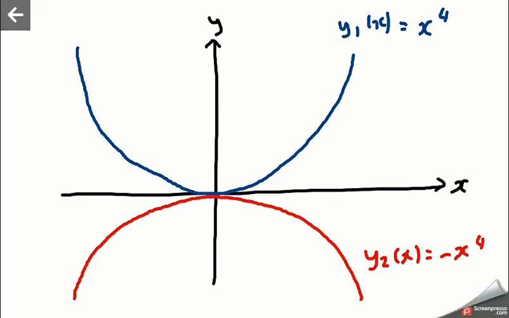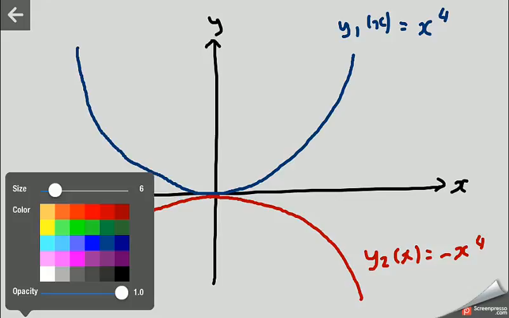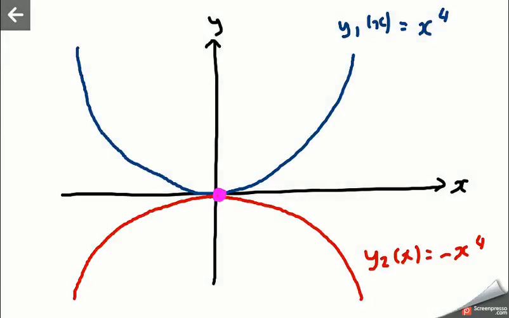Well, we can see that at the point 0, for both of these functions, y1 prime of 0 equals y2 prime of 0, and they're both equal to 0, even though 0 is a local minimum of y1 of x.